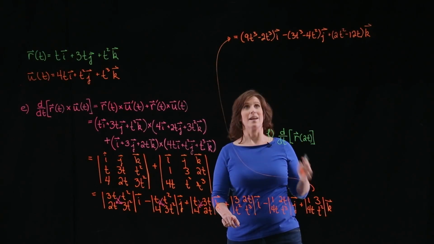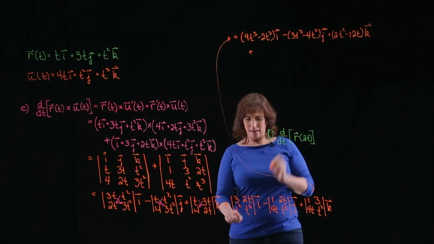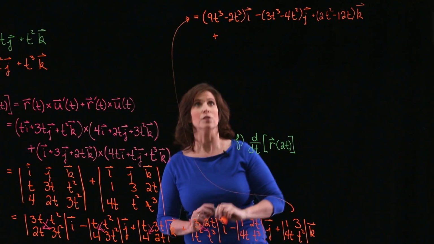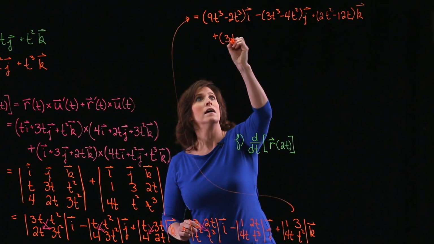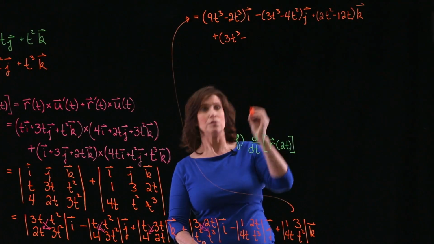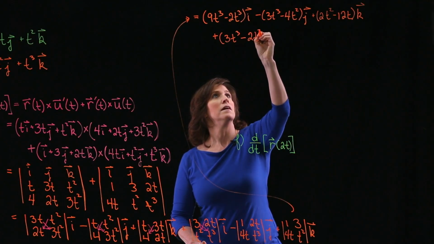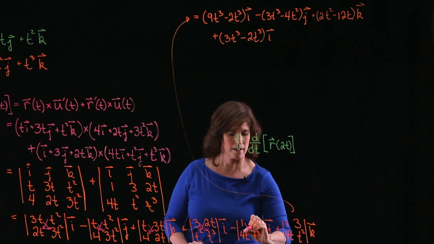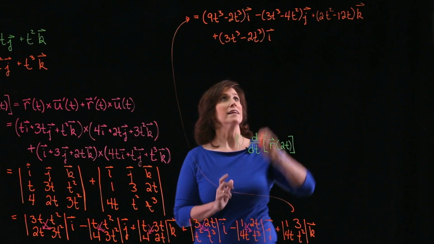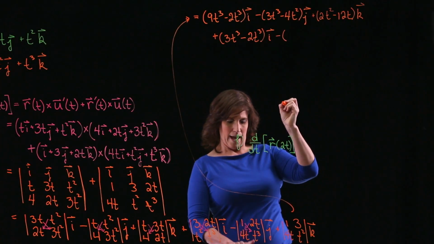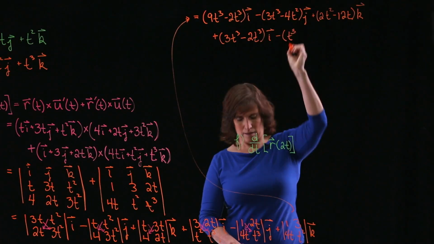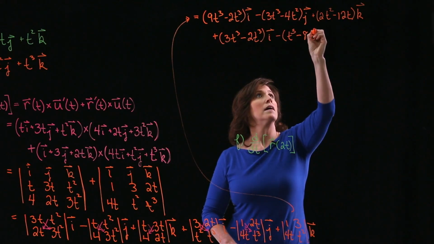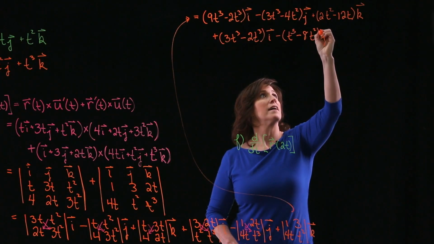Moving on to the second cross product piece, I'll be adding 3t cubed minus 2t cubed, again times vector i. The second piece, I'll be subtracting t cubed minus 8t squared, and that's times vector j.